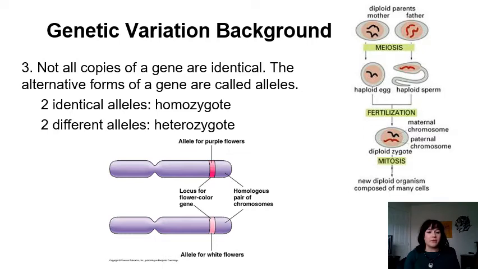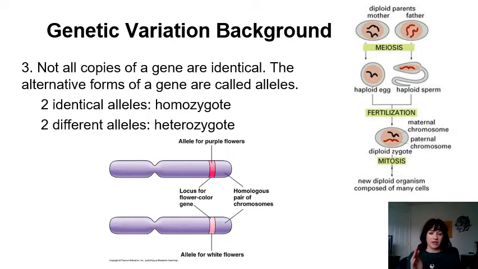When we talk about these variants, these alternative forms of a gene, those are called alleles. So in this example, let's look at flowers. Here we have two chromosomes, one from each of the parent plants. On a chromosome, there are tons of genes. One chromosome can have hundreds of genes on it.